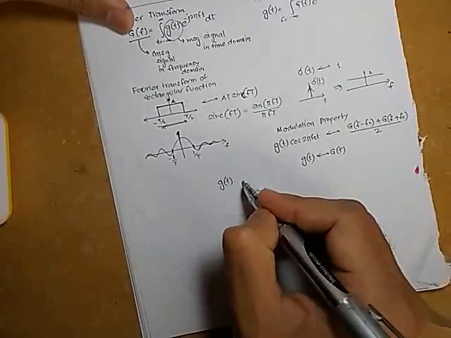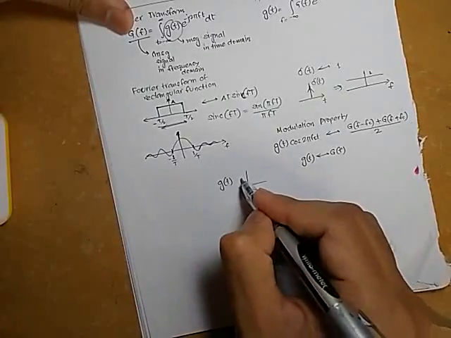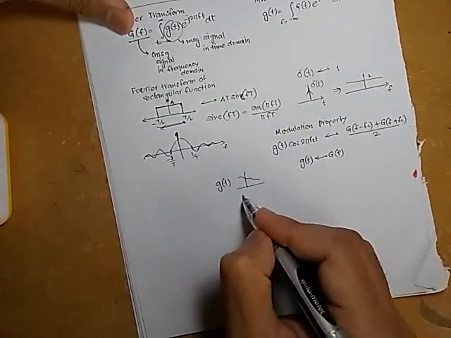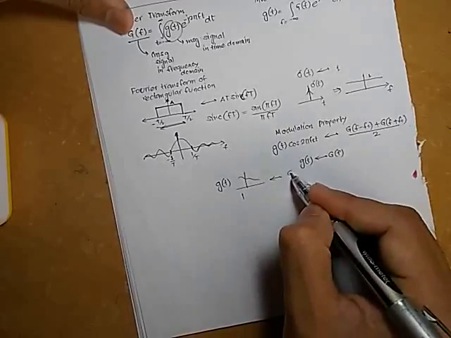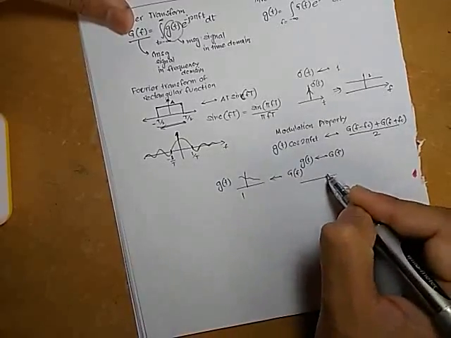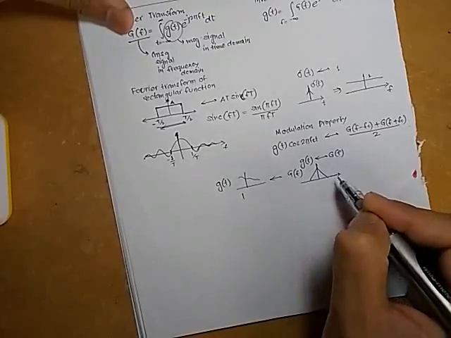Suppose g of t is something like this and its Fourier transform G of f is like this.